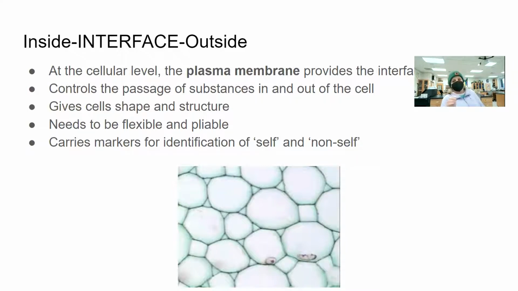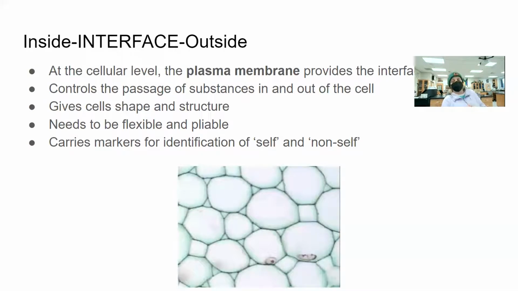And this interface at the cellular level is so important for maintenance of cellular function because it controls what's coming in and out of the cell. It gives the cell its shape and its structure, and it has to be able to be flexible and pliable.